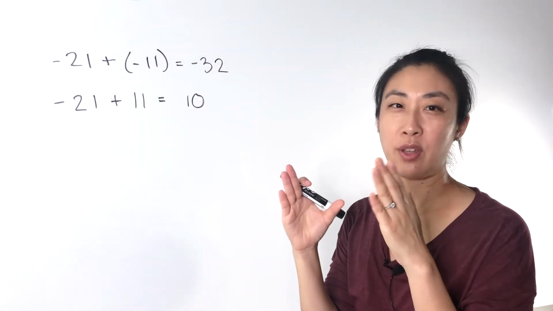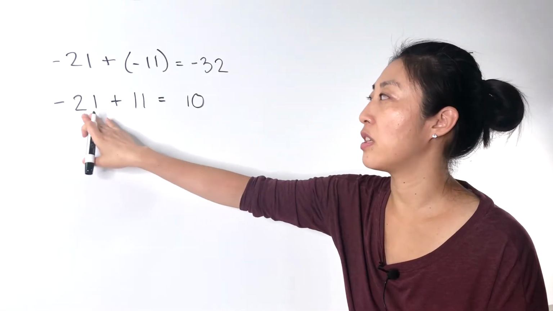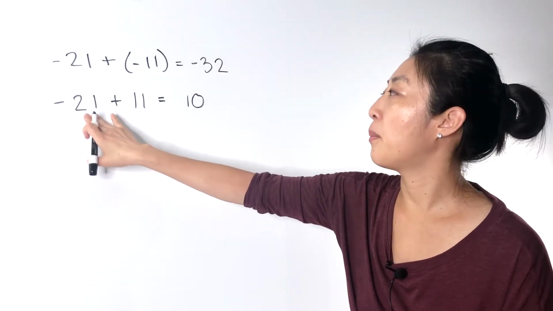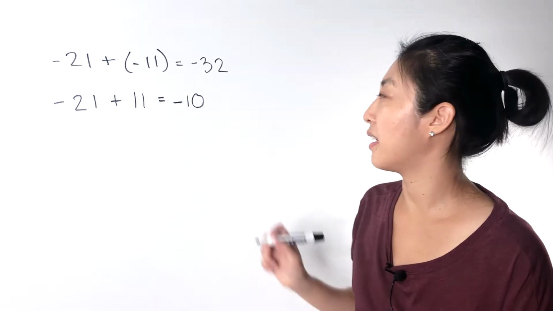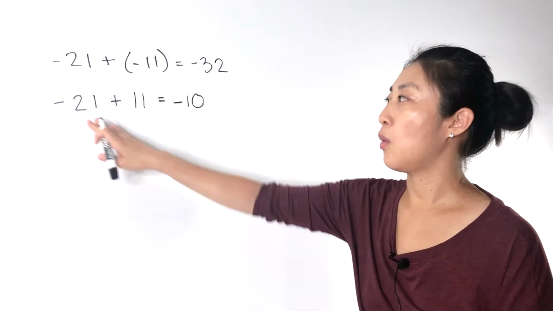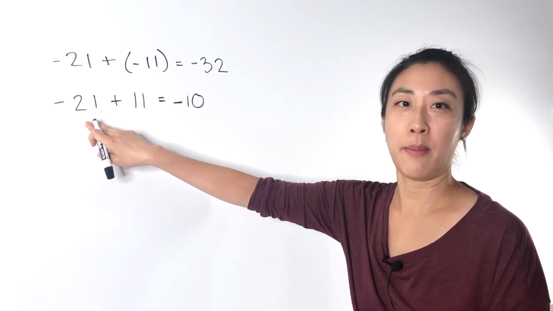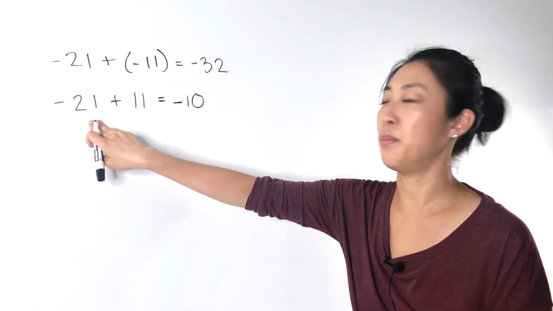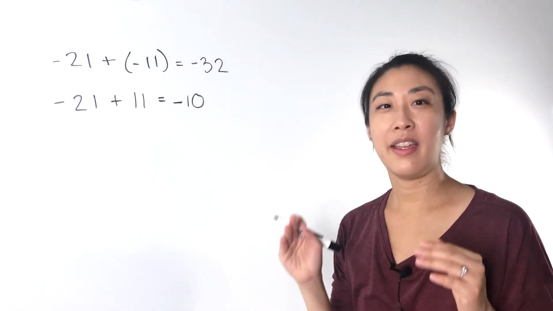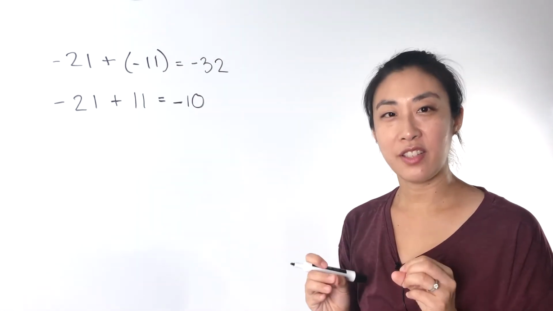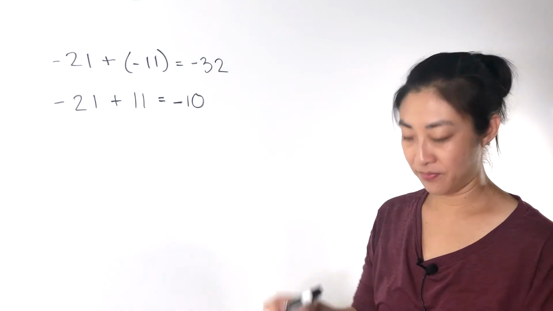The absolute value of the number that is larger is 21. So that number gets to keep the sign. So this number is negative. And when I say larger, I'm talking about the absolute value of that number. So remember, the same sign, add. If it's a different sign, subtract.